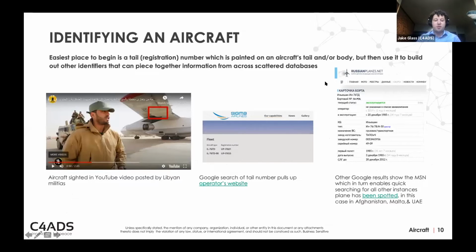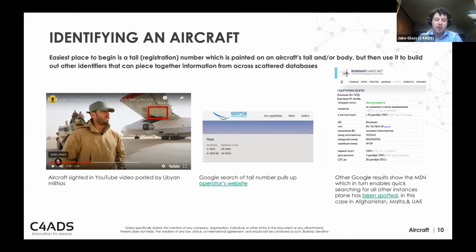So as far as the actual practical application of that registration number goes, you can see on the left here that a couple years ago, C4ADS was doing an investigation in Libya. We were looking at Libya's flying armories and also flying treasuries to some extent, looking at illicit cash transactions.